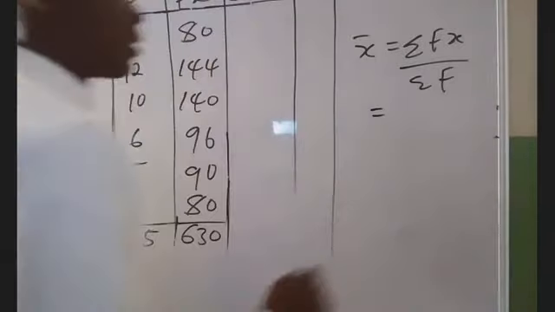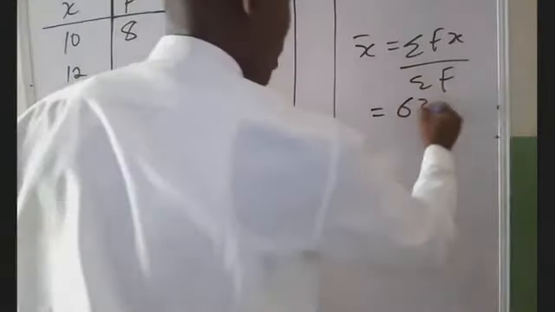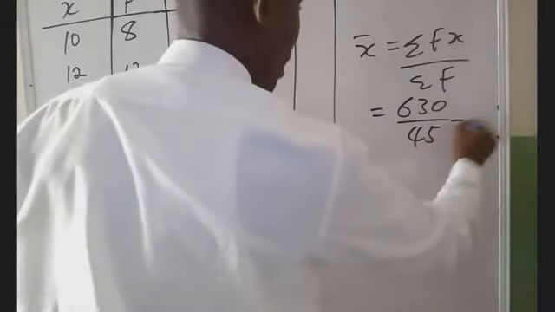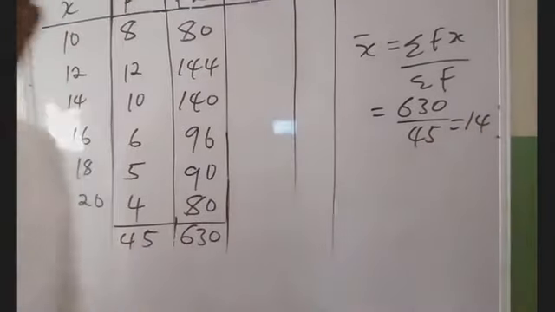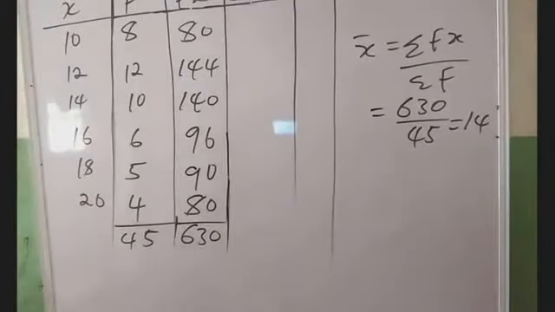So this will be the same thing as 630 over 45, and that will give us 14. So the mean x̄ is 14.